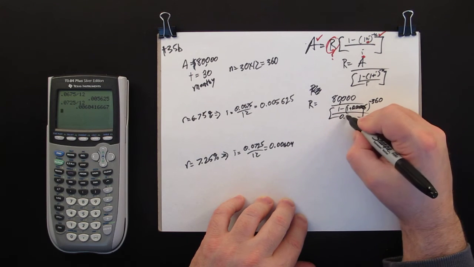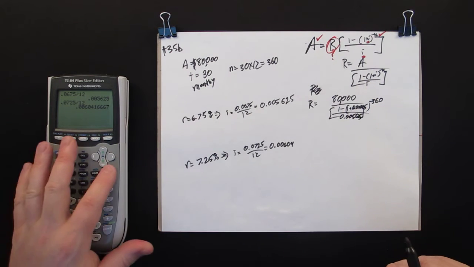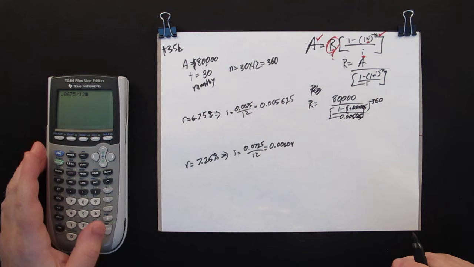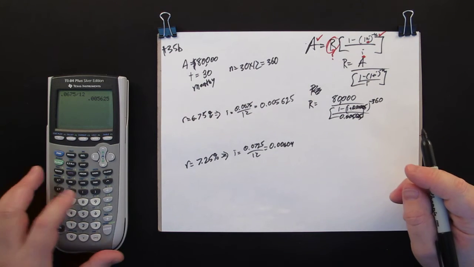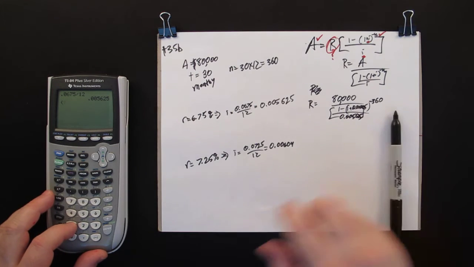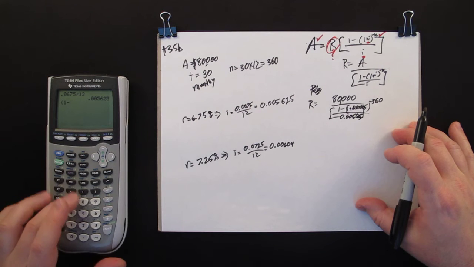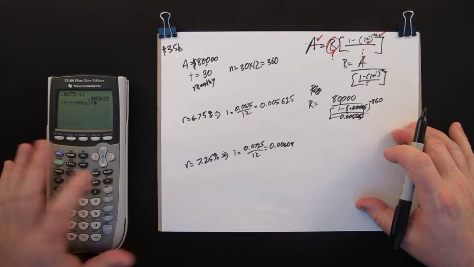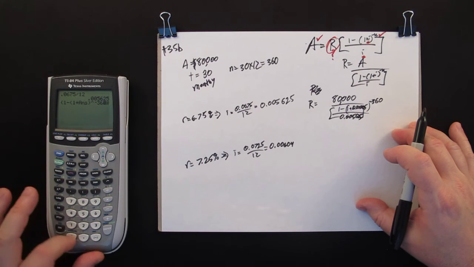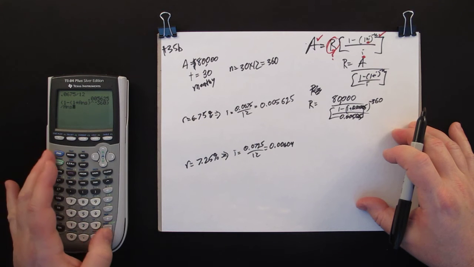Again, 0.005625. So that's the monthly interest. Compute the part in the brackets: the minus 360 power divided by the monthly interest.